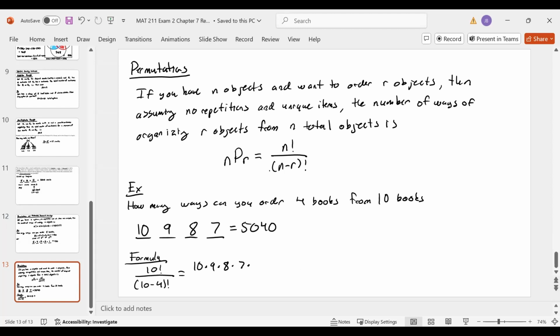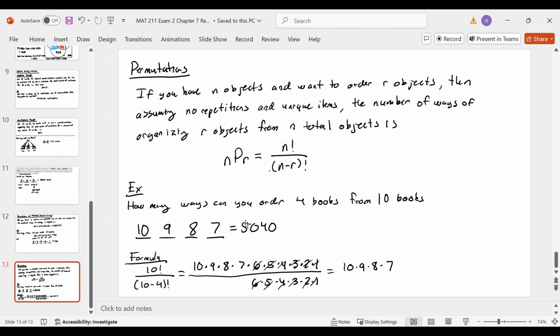Right? And then this is 6 factorial, so 6 times 5 times 4 times 3 times 2 times 1. Well, these all just cancel each other out. And what are you left with? 10 times 9 times 8 times 7, which is what we have right above, right? So that's what the formula is doing. It's just cutting out what you don't need.